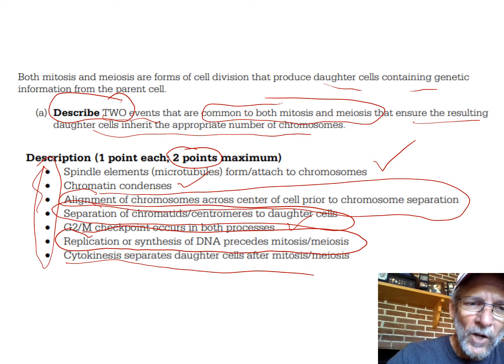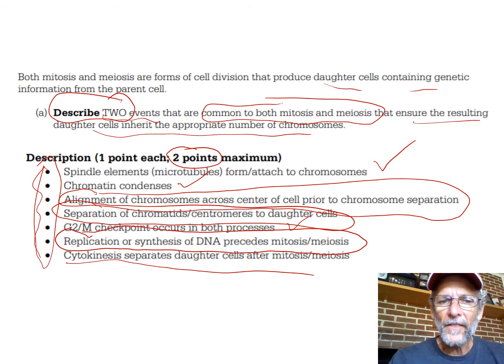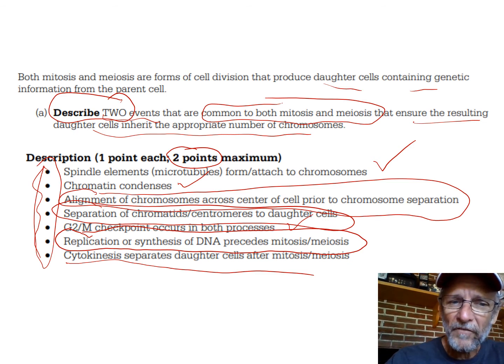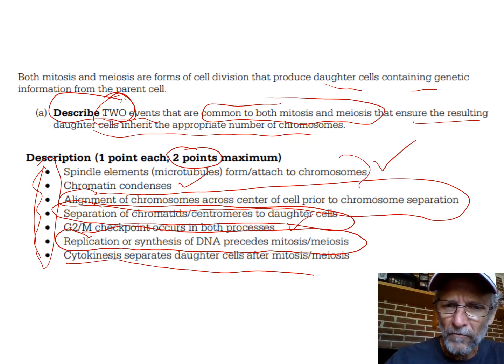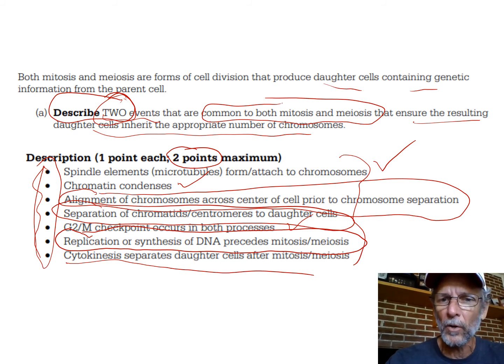If you described all 7, they're only going to grade the first 2. Well, if you describe these 7, you'd be okay because you get those 2 points. But if you describe something that wasn't on this list and you describe 5 different things and you describe that thing first that wasn't on the list, unfortunately you're not. So pay attention to, again, when they ask you to do 2, 3, 4 things, only do that many things. And if you can think of several things, pick the things that you think are most important.